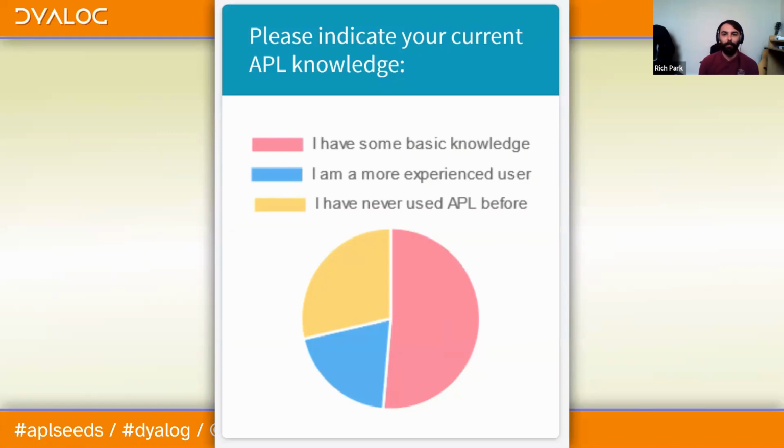And not only that, but also, if this pie chart is to be believed, the demographics of who signed up being exactly what I'd hoped for. The vast majority of you having either never used APL before or only having some basic knowledge and maybe wanting to learn or see if you would like to, and if so, how you would go and advance that. So I hope that today gives you some insight in that respect.